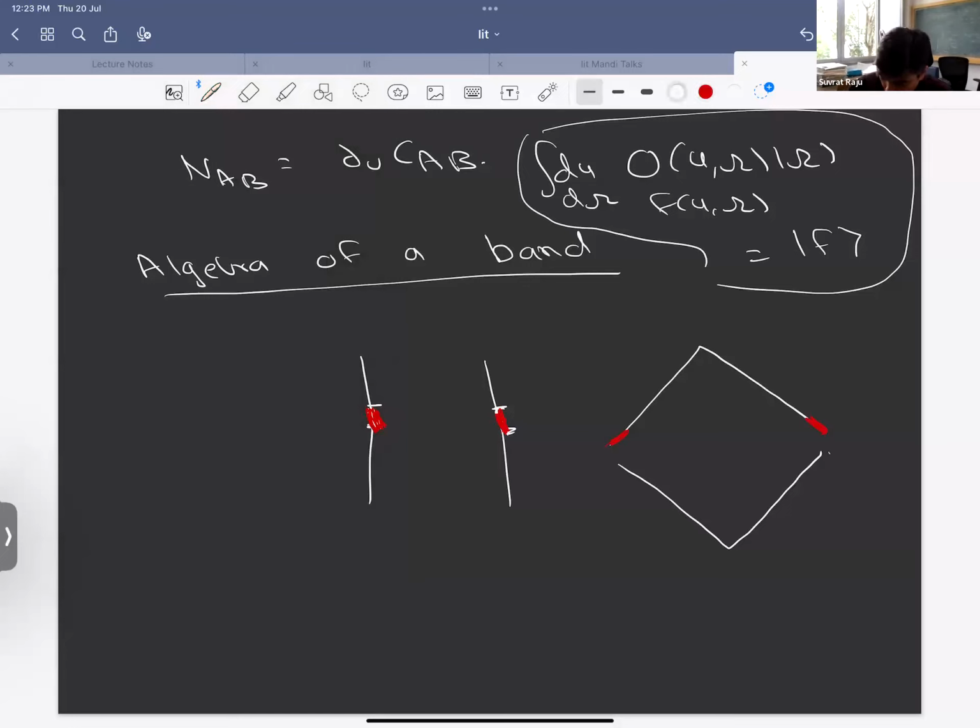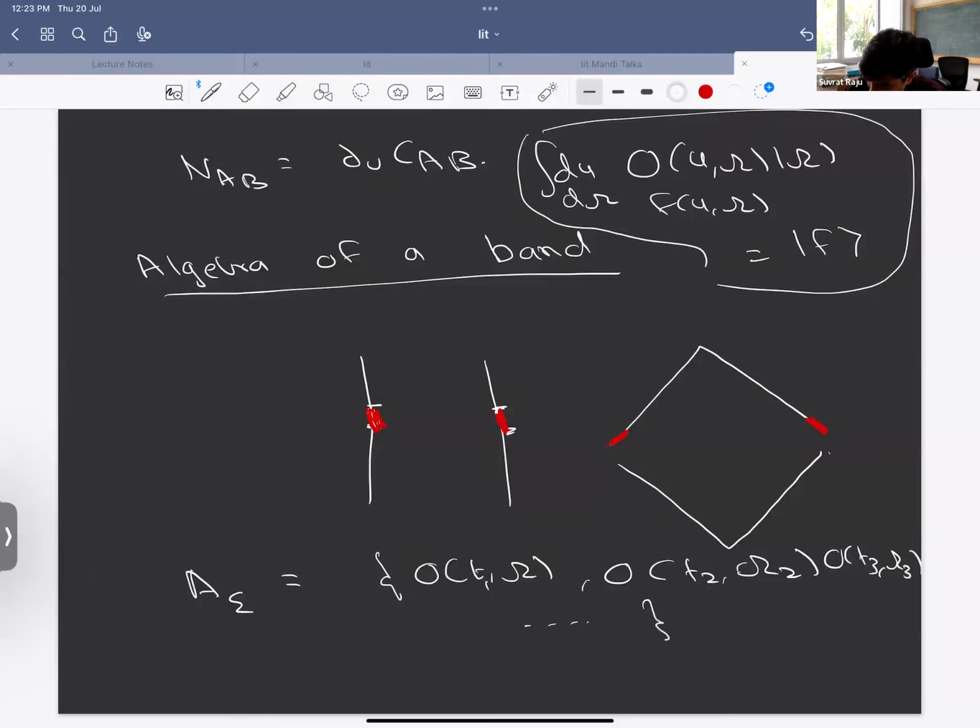In particular, I want to define an algebra that I'll call A epsilon, both in AdS and in flat space. And in AdS, this algebra corresponds to the same kinds of products, but now with an additional provision, which is that this Ti only lives in the time band 0 to epsilon.